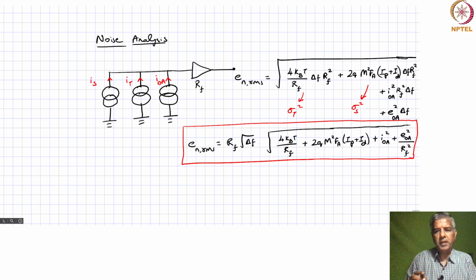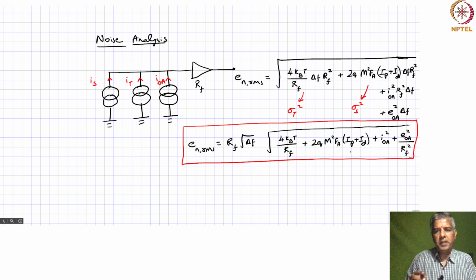Right. So this is essentially contributed by the thermal noise. Once again, if you look at the overall effect of thermal noise, this is what we were talking about before. It's RF square by RF, so it's actually a multiplicative factor of RF. So it is wrong to think that the larger the resistor you go to, the lower will be your noise. It's the other way. When you go to higher values of resistance, as far as the transimpedance gain is concerned, you're going to have more noise at the output in terms of the voltage.